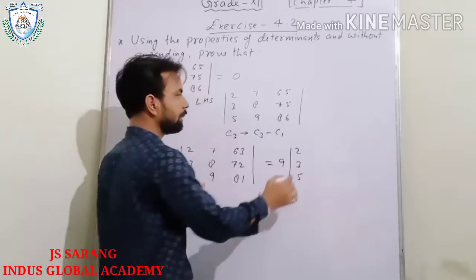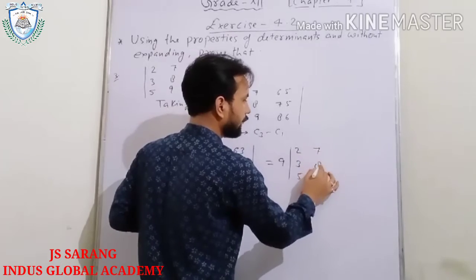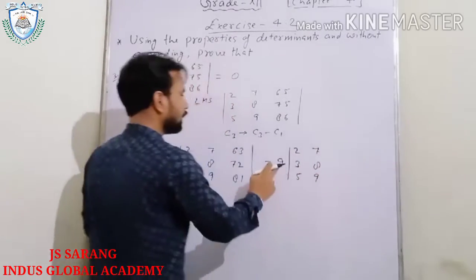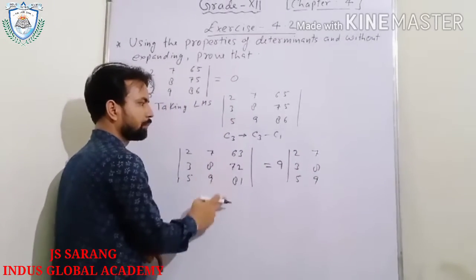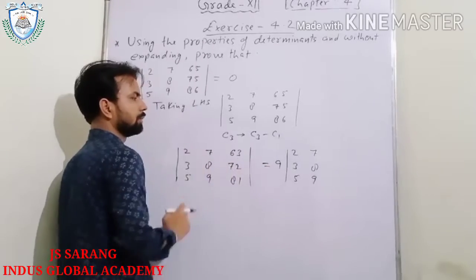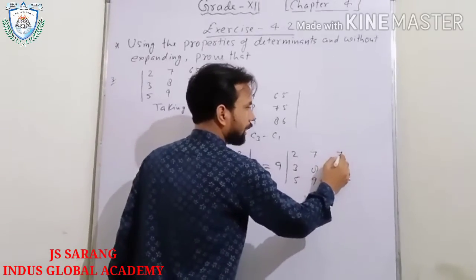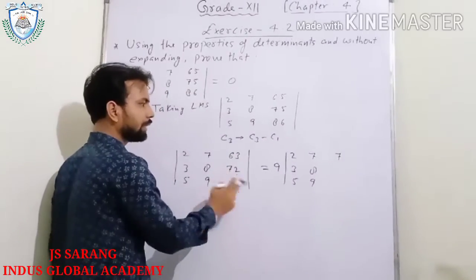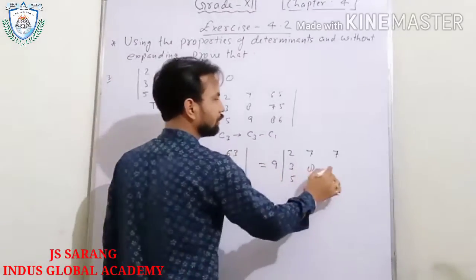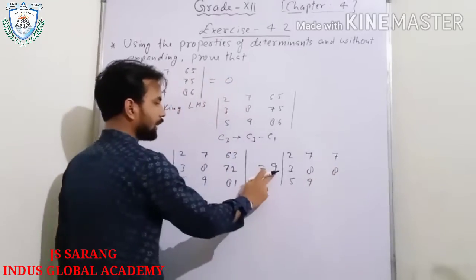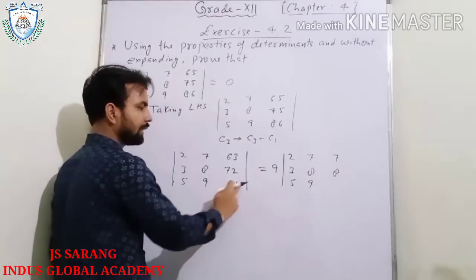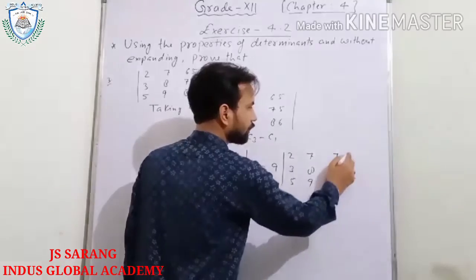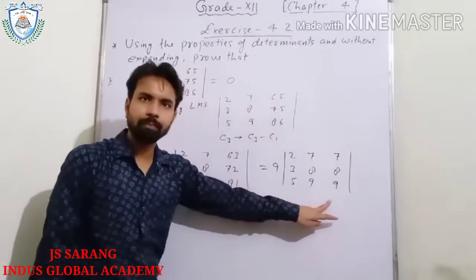Second column will also remain the same: 7, 8, 9. 9 is common from C3. So 9 is here, 63 here. What is left? 7, because 9 7s are 63. Similarly 72, 9 8s are 72, so 8 will be here. 9 is common, 81 is here, so 9 9s are 81. Hope it is clear to everyone.